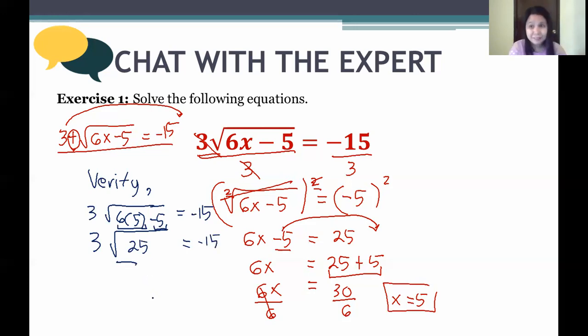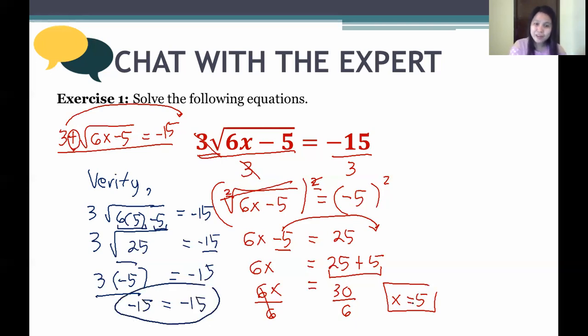It can be positive 5 or negative 5. Since our answer is negative here, I suggest you write the negative 5. Now, our left-hand side, 3 times negative 5 is negative 15, which is equal to the right-hand side. Therefore, this is a solution.